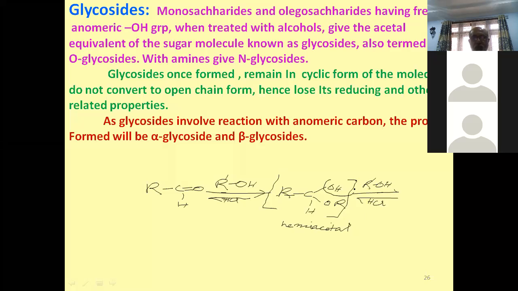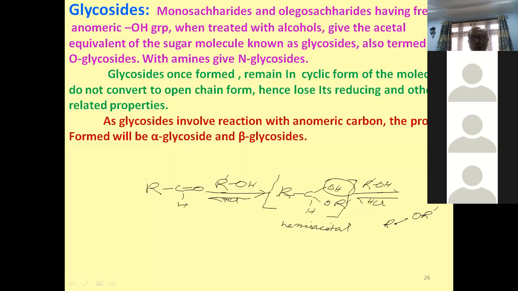This OH group, which is also called the hemiacetal OH group, reacts with this alcohol, and this OH group will give us what? C, OR prime, then again OR prime and H, right? So this is what is called acetal.